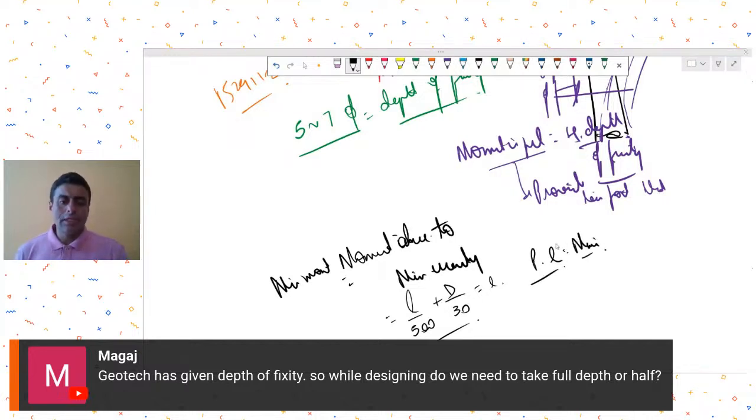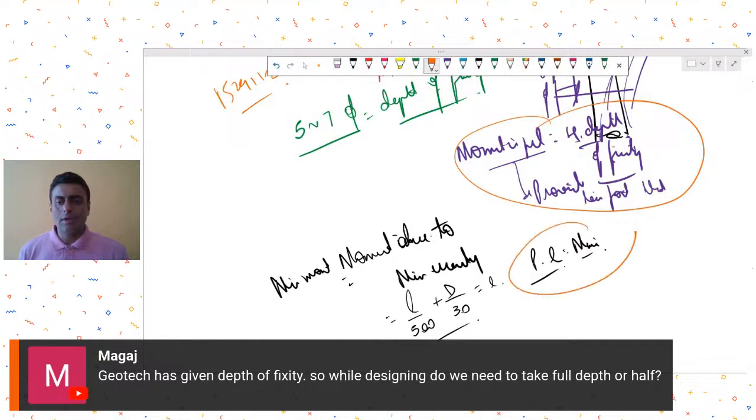So now you design your pile for the higher of the two. That means higher of this h times depth of fixity, or this, for higher of the two, you design your pile. Designing of pile means you find out the reinforcement in the pile and check the cross section of pile for that. Okay.